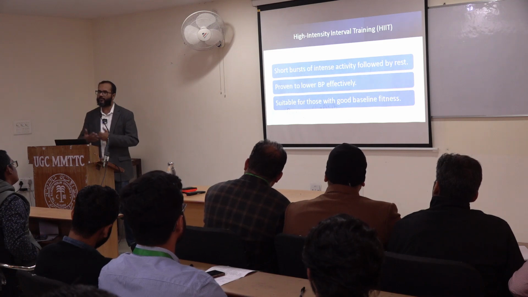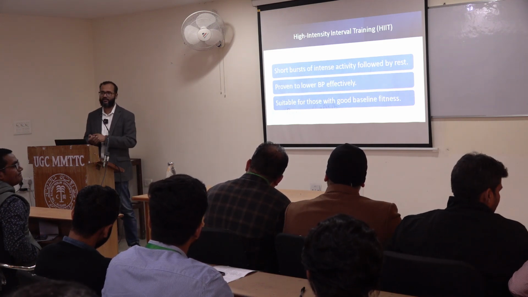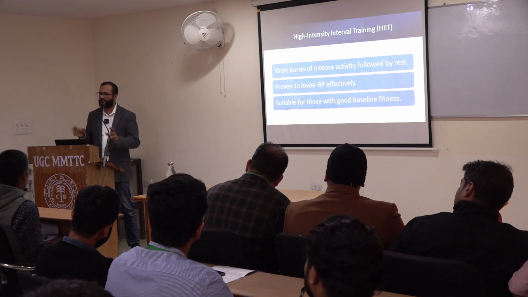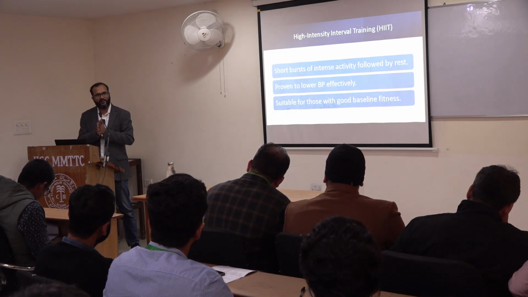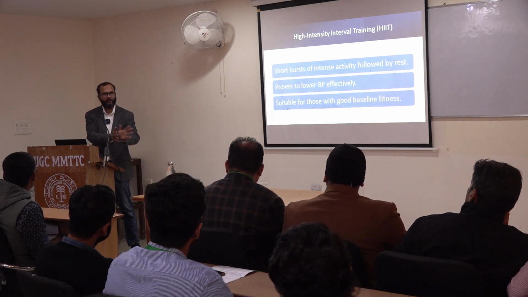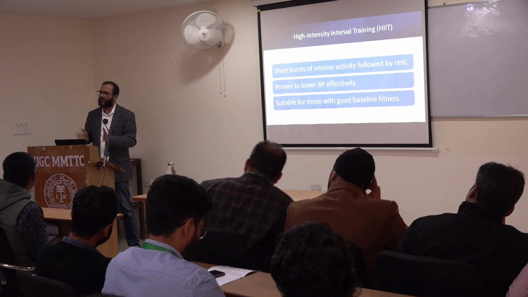And if you are able to measure your heart rate with some watch, which is very helpful and very commonly available, then aim for at least 60 to 70% of maximal possibly achievable heart rate. So what is maximal heart rate? It is 220 minus age. For most people it is 160 to 180, but you can calculate 220 minus your age.